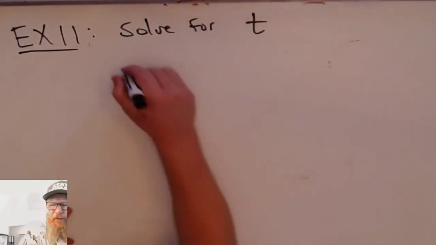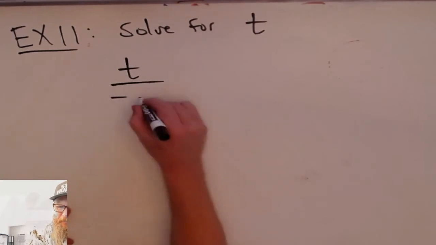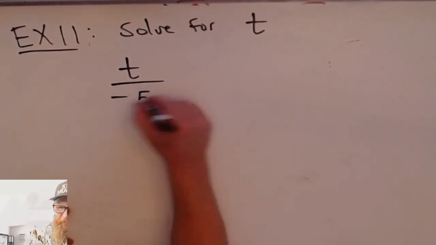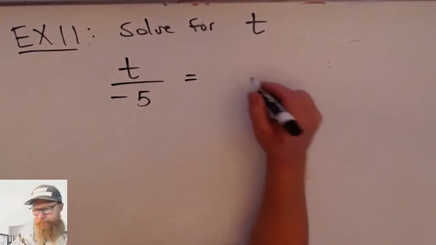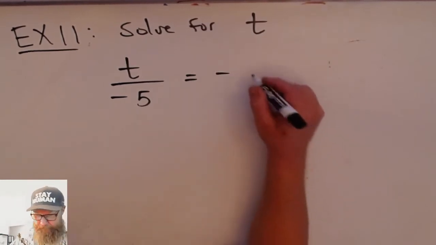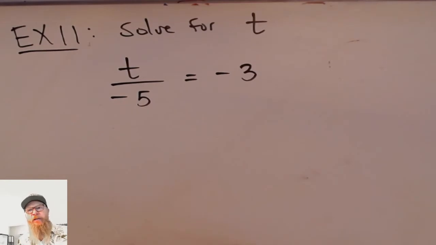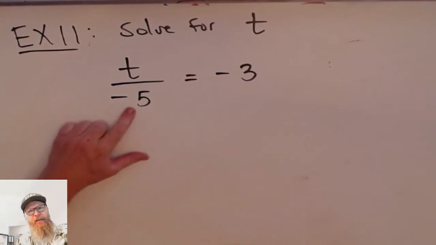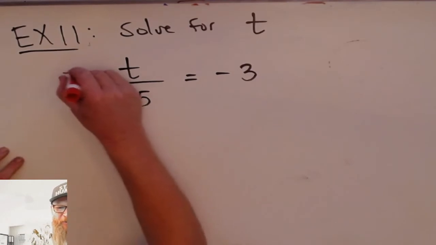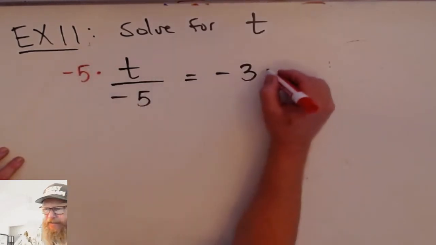Sometimes the variable is not x. In this case, the variable is t. Here's your constant, -5. This time I'm just going to go ahead and multiply on the left-hand side.